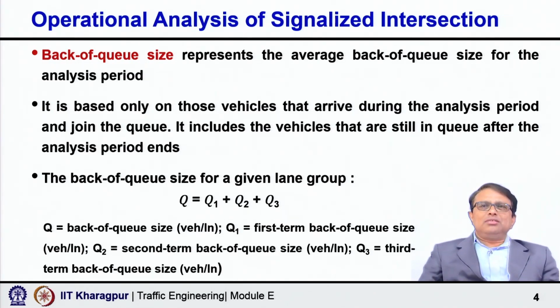So, actually the back of the queue size for a given lane group is the summation of Q1, Q2, Q3. What are Q1, Q2, Q3? They are the first term, second term, and third term of the back of the queue size respectively. So, Q is the sum of the first term, second term, and the third term.